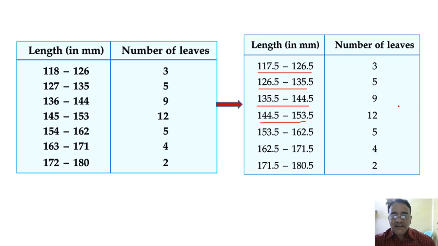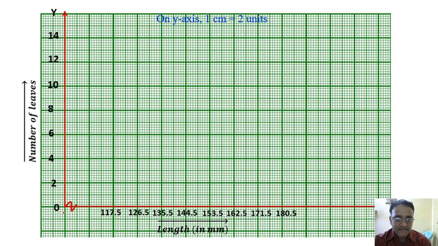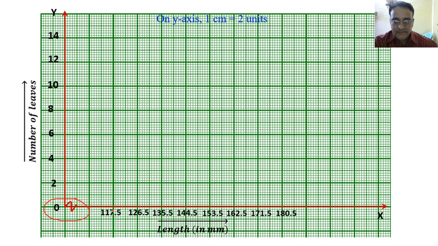But the first class is 117.5. If you draw on graph paper on x axis, it will go very far. So what we will do, एक break symbol हम लोग use करते हैं, ठीक है, ये वाला, this symbol we will use. Okay, so if you use this symbol we can start from any point.